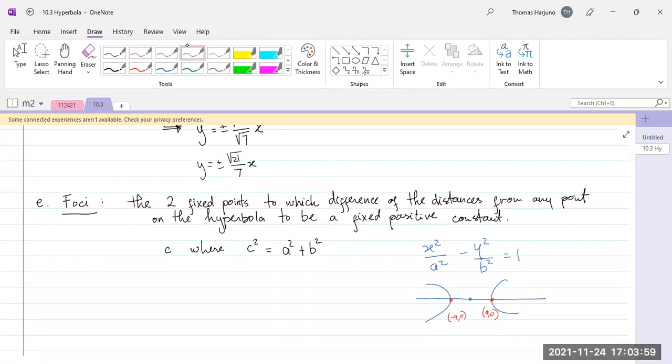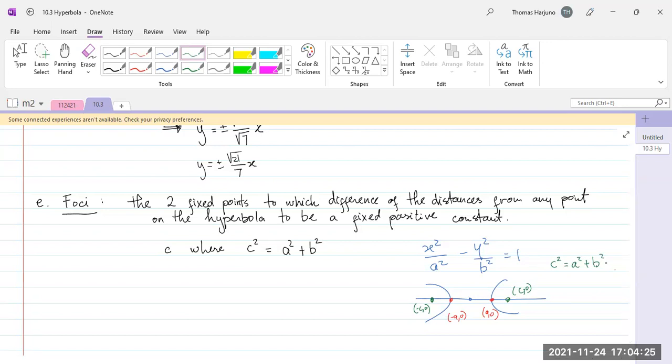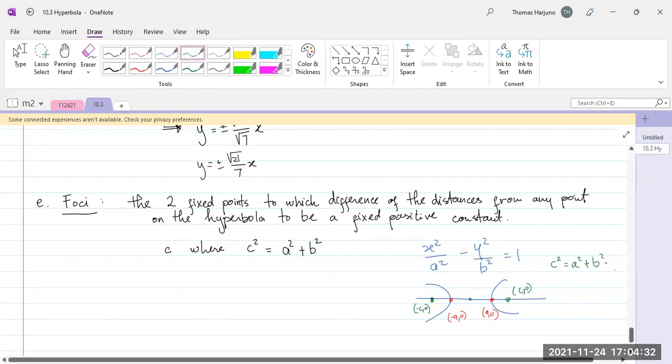While the foci are located here. The coordinates will be c comma 0 and negative c comma 0, where c squared equals a squared plus b squared.